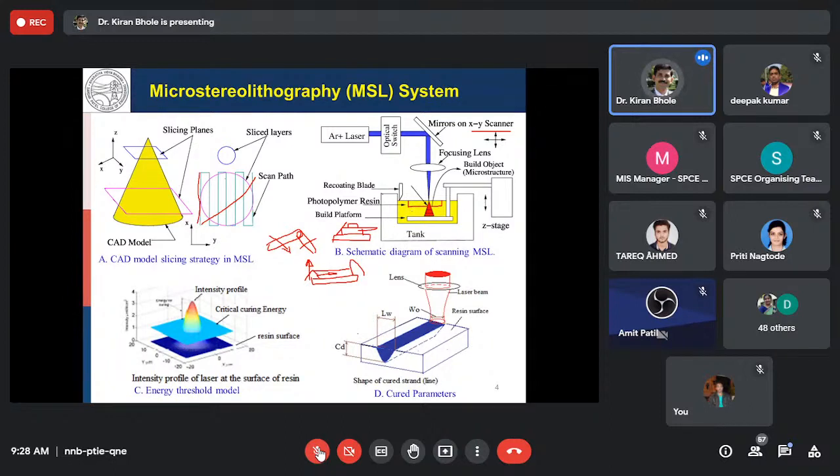So this building of resin onto the top of the build platform will not take place, and thus the constant surface is going to have higher resolution compared to the free surface technique.